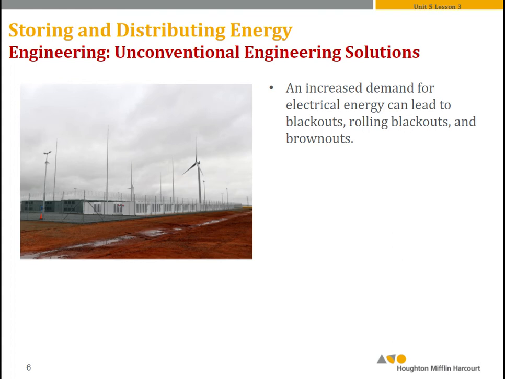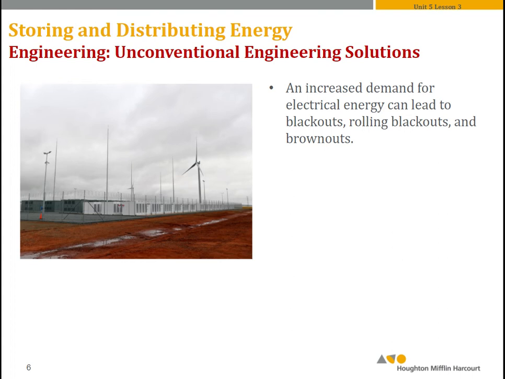So a blackout is where you actually just lose electricity on the grid, and it has to be restored. For a rolling blackout, that loss of electricity is usually planned, so often you'll be notified, and it's temporary.